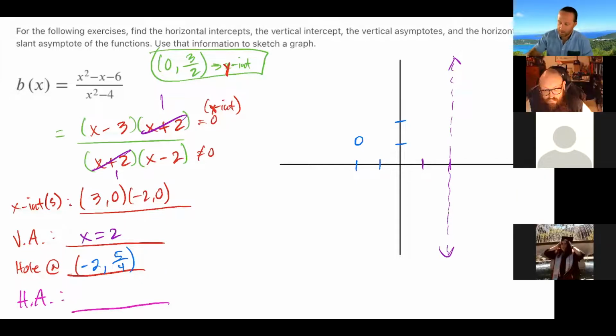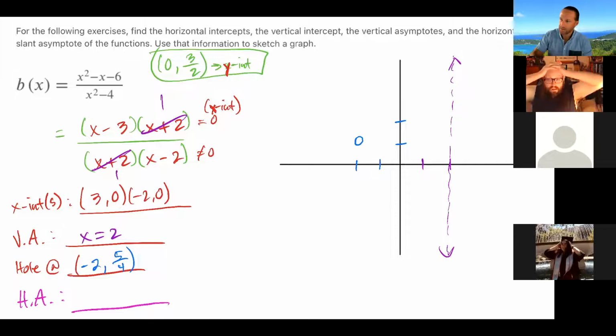Horizontal. How come? Forget everything else. Just focus on the top and the bottom. And what will it be, Brian? 1/1. Very good. So we just found that it's 1/1, where a horizontal asymptote is, which means what?